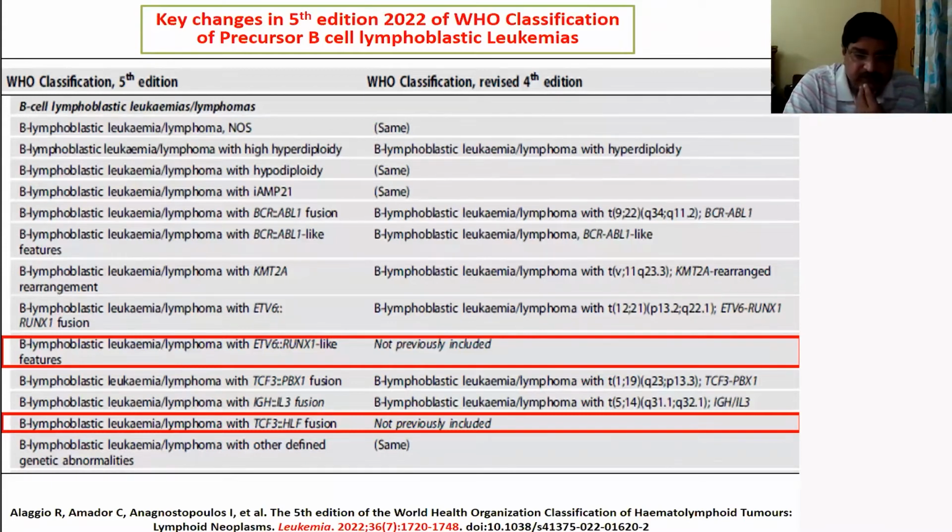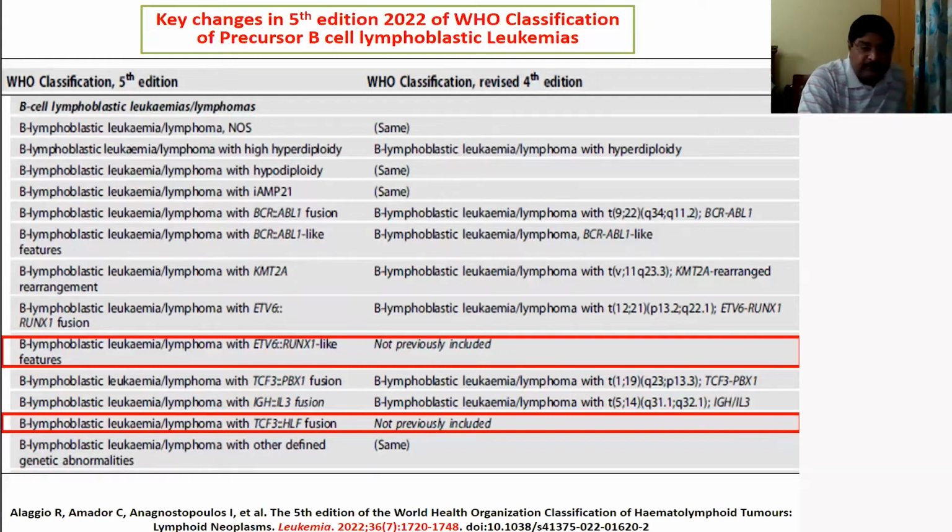You have the TCF3-PBX1 fusion, which was nothing but the 1;19 translocation, which was there before. And you have the IGH-IL3 translocation, which is retained in the same classification as well. So TCF3-HLF fusion is also a new class entity.